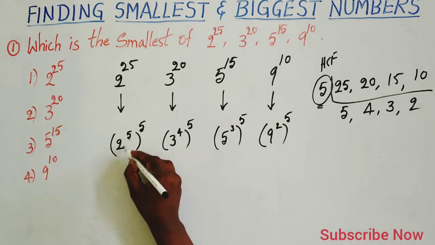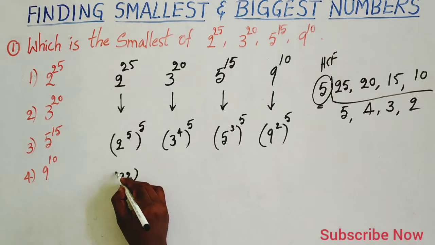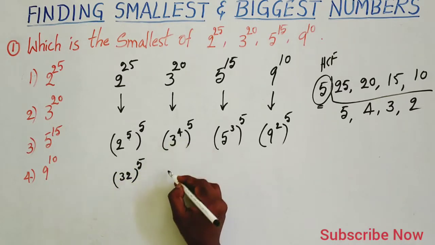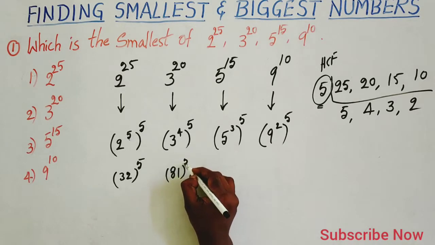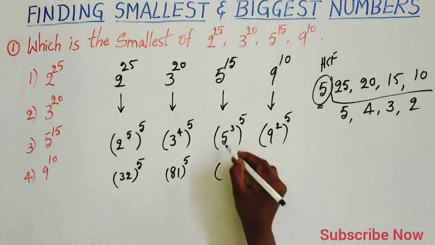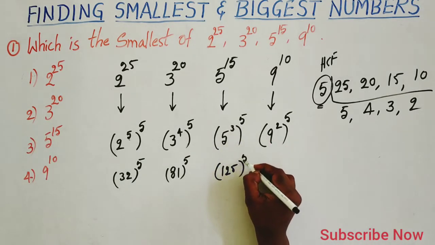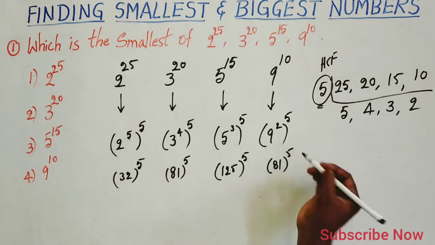Then 2 power 5 is 32 whole power 5. Now 3 power 4 is 81 whole power 5. Now 5 cube is 125 power 5. Now 9 square is 81 power 5.